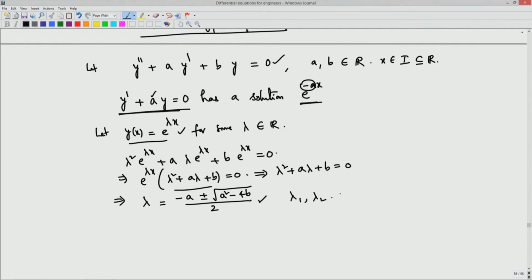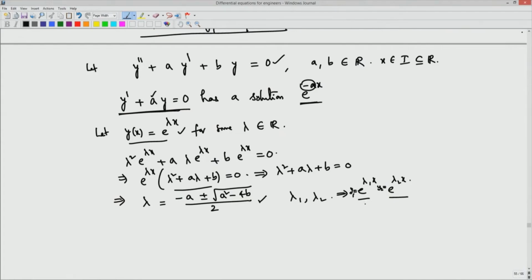Then the solutions are e power lambda 1 x and e power lambda 2 x. If lambda 1 and lambda 2 are different, certainly these two solutions are linearly independent. This is your y1, this is your y2, and if you divide y1 by y2, it is not a constant.